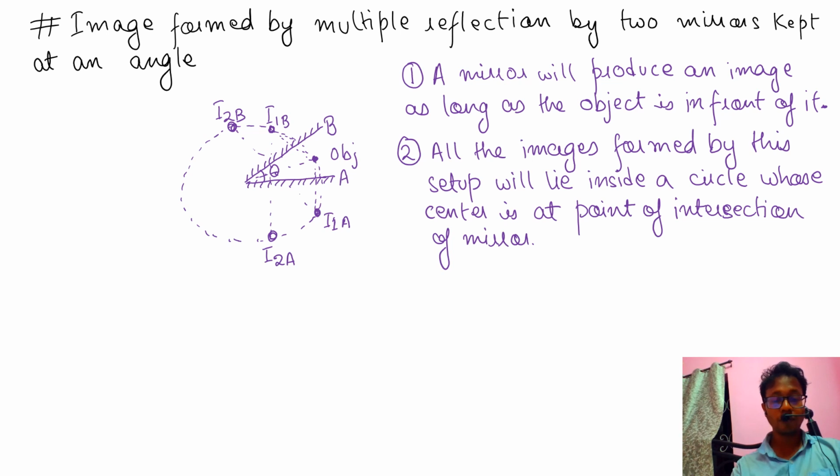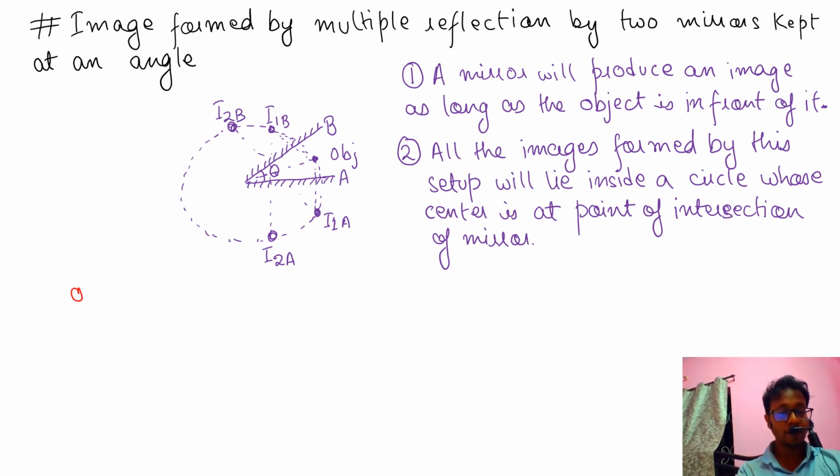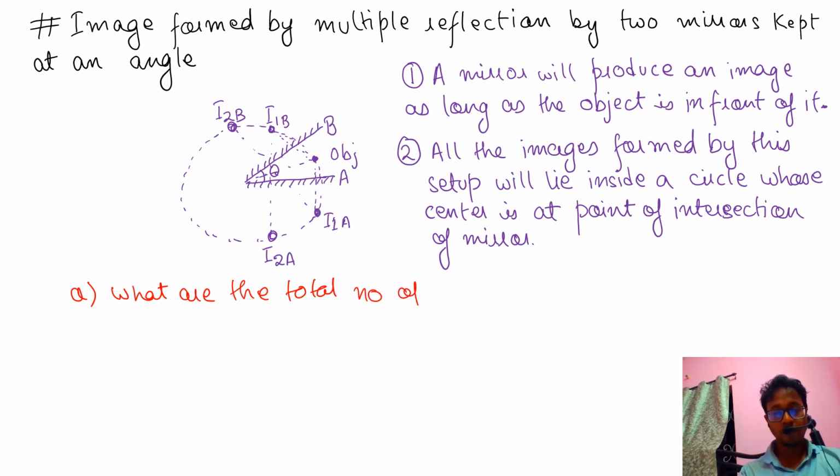So our main objective, or the question that I have out here, is: what is the total number of images? Okay, so we'll answer this question in the next slide.